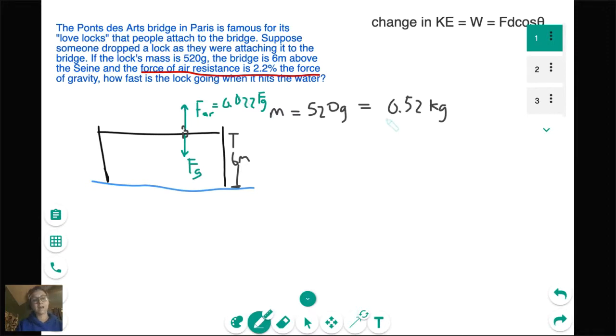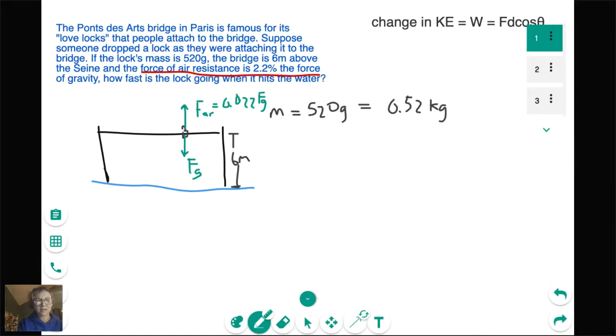There we go. So when you have these kinds of problems, there's sort of two ways to approach it. You can either find the work done by each force individually and then add them to find the net work done. Or you can find the net force and then use that to calculate the net work.